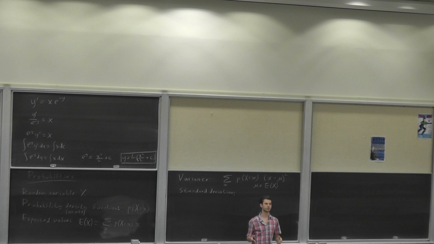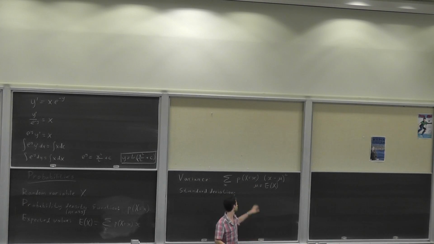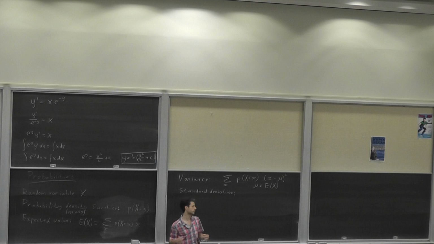So the outcomes which are frequent will contribute more, outcomes which are not frequent will contribute much less. So this thing is a measure of how far your actual outcomes are on average from the mean.